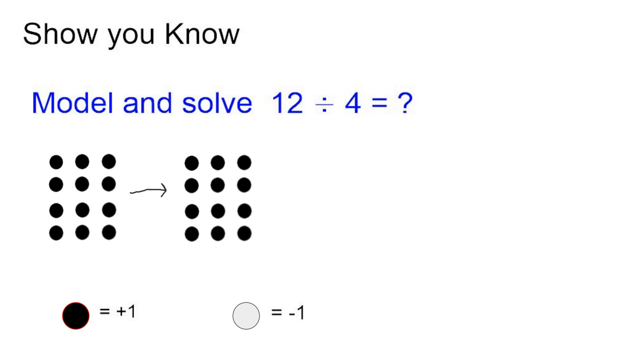So I'm going to take this here. And I need groups of 4, so I have 4 chips in each. It's 1 group, 2 groups of 4, and lastly, 3 groups of 4. So this is equal to 3.